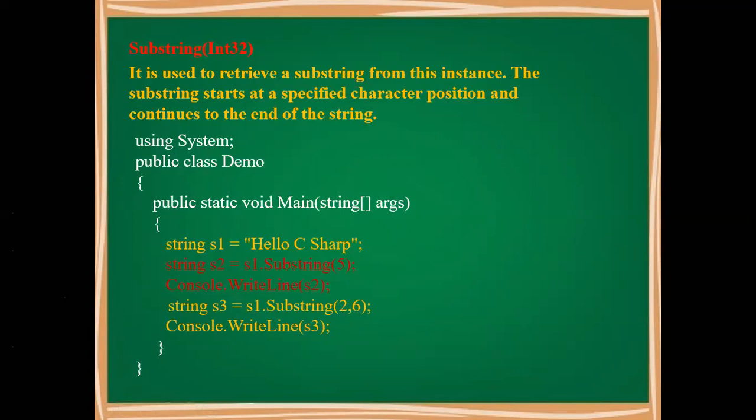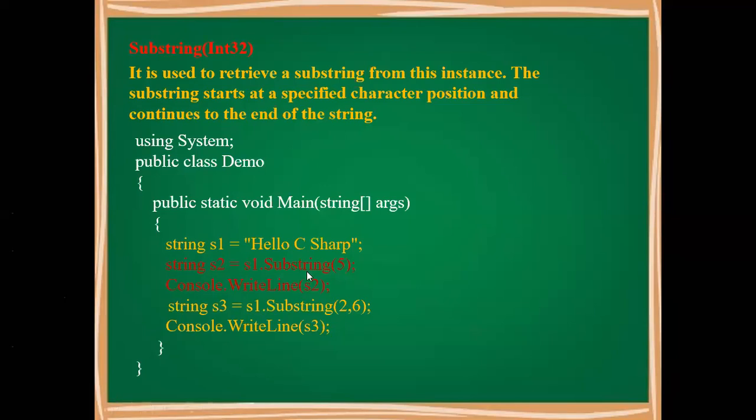That means the substring function can take a single parameter, and the second form of the substring function takes two parameters. So what will these two parameters do? One will tell the compiler from which index position the substring has to be extracted, and up to which position, till 6.